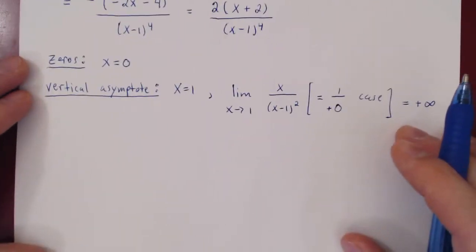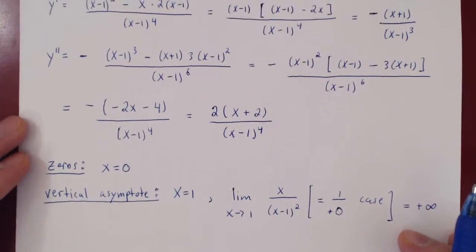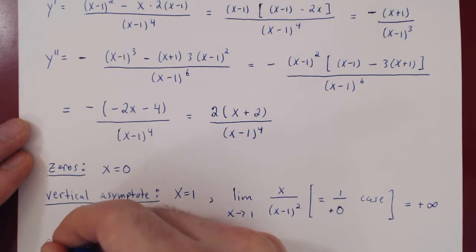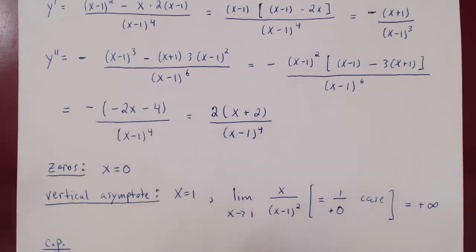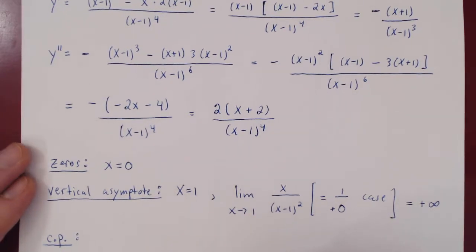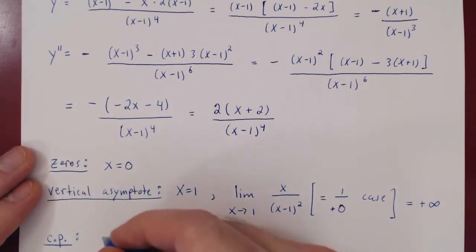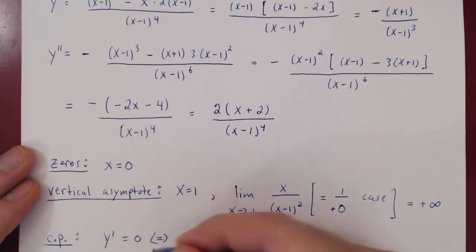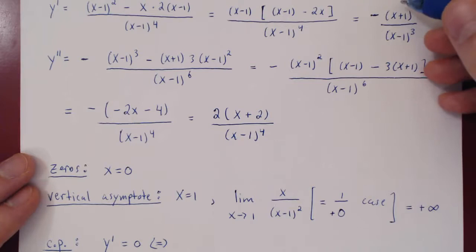So this is our only vertical asymptote. We can now look for critical points. Critical points, again, are points where the derivative is 0 or is undefined. So let's look for the derivative being 0 first. If you look, this is your derivative right here.